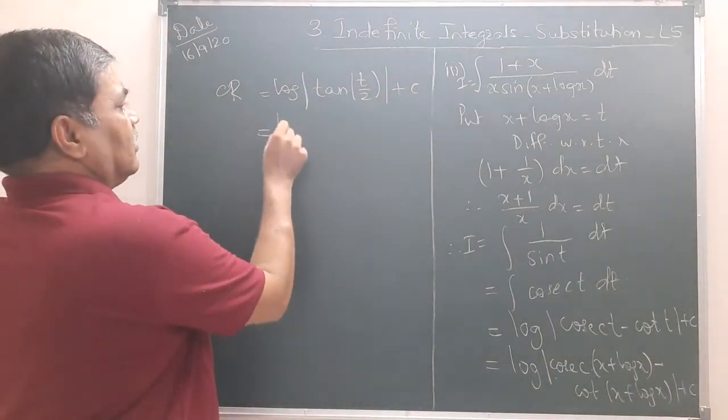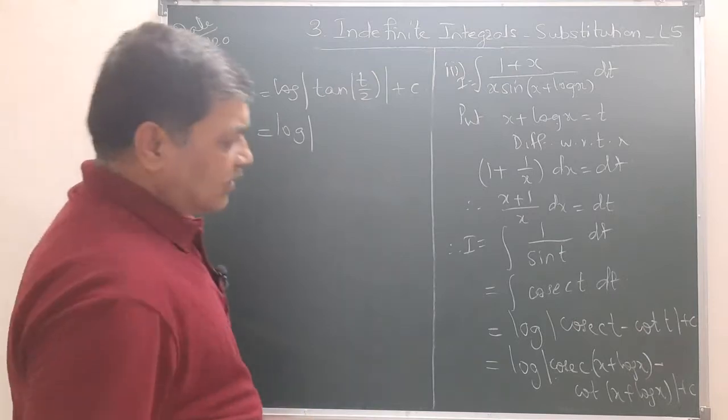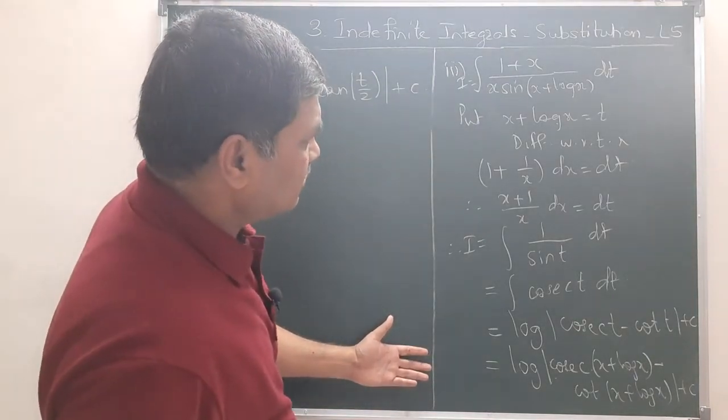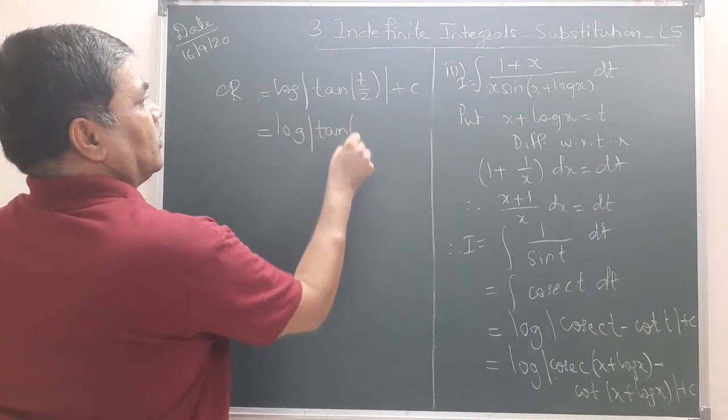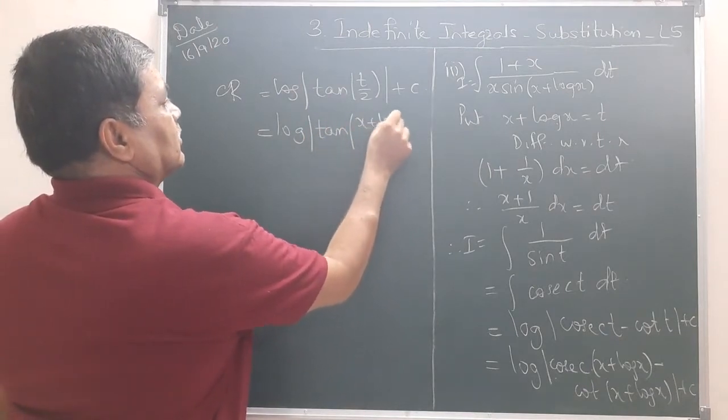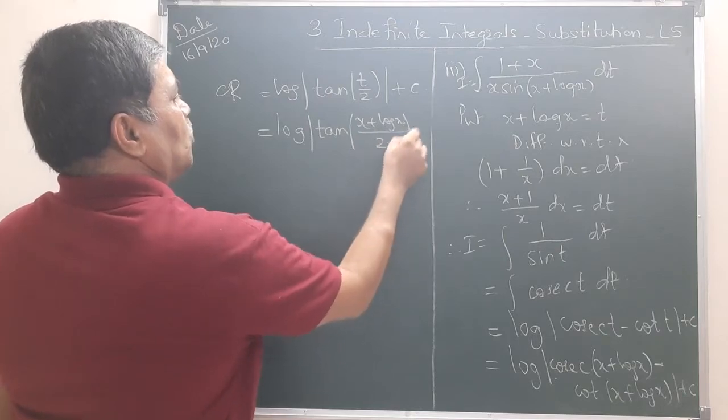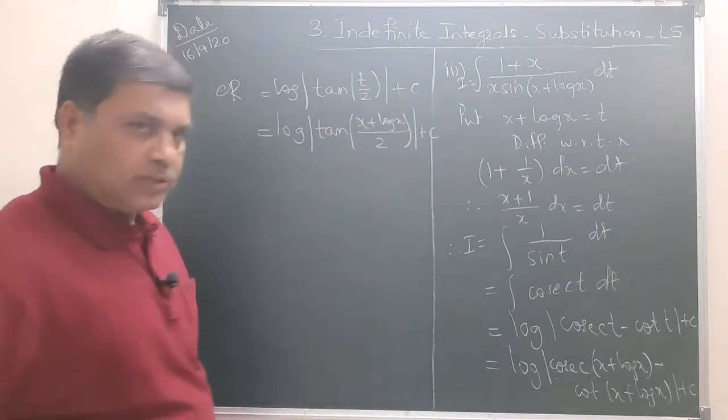And t is nothing but x plus log x, so log of mod of tan of (x plus log x) upon 2 plus c. This should be your answer.